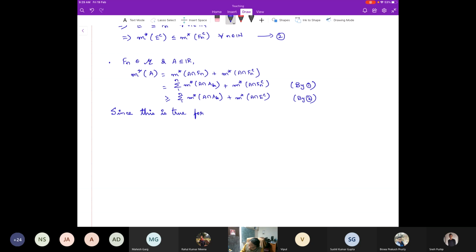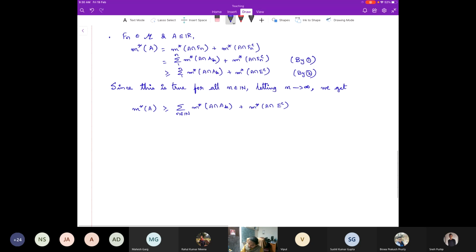Since this is true for all n in N, letting n tend to infinity as usual, what do we get? We get M star of A bigger than or equal to the summation over n in N of M star of A intersection with AK plus M star of A intersection with E complement.